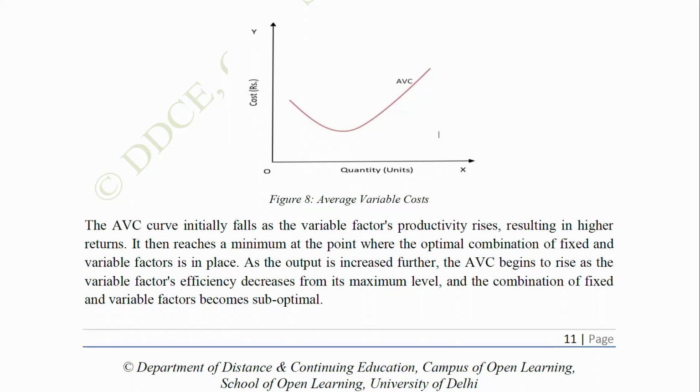It then reaches a minimum at the point where the optimal combination of fixed and variable factors is in place. As the output is increased further, the average variable cost begins to rise as the variable factor's efficiency decreases from its maximum level, and the combination of fixed and variable factors becomes suboptimal.